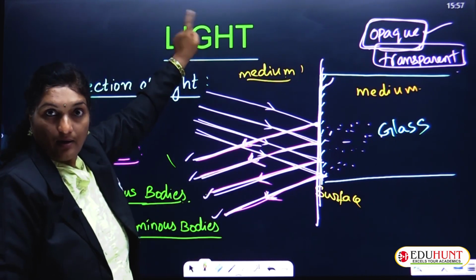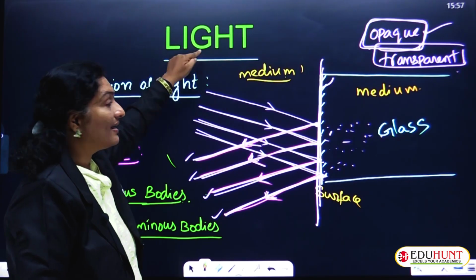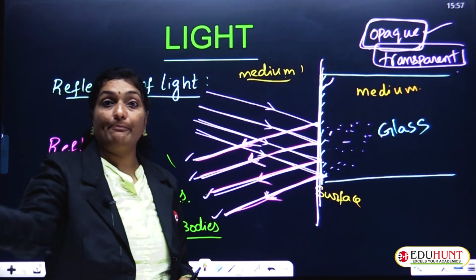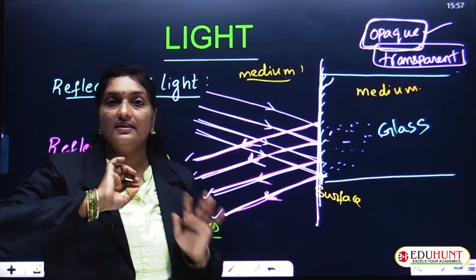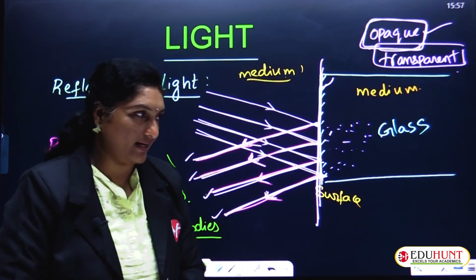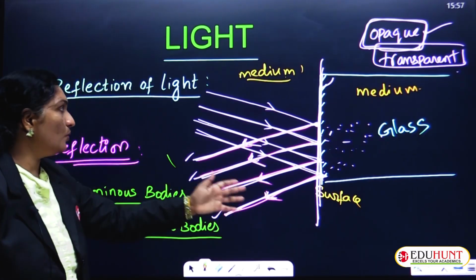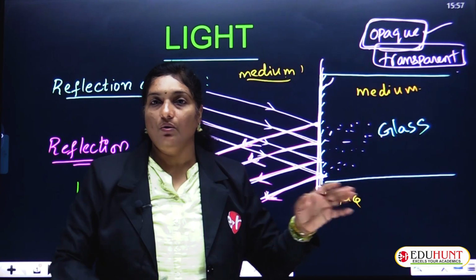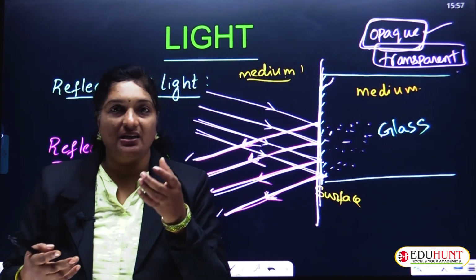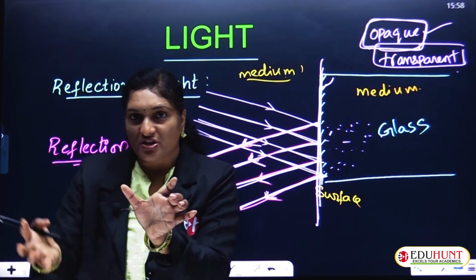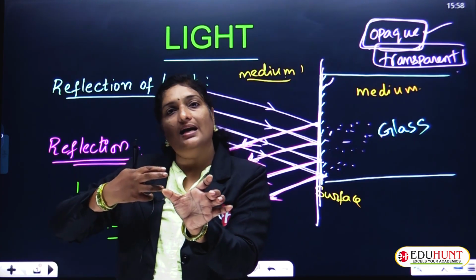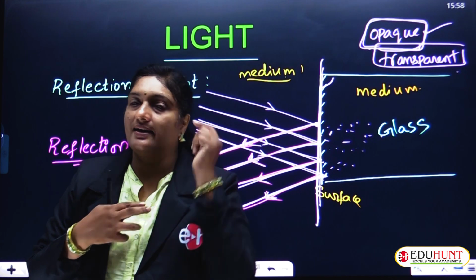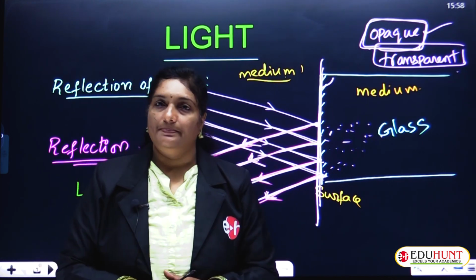You are able to observe green color because this portion, after absorbing all the different colors, only reflects the green. The same with blue, pink and yellow, everything. So we are able to see a particular color because that portion, after absorbing all the colors falling on it, emits only that one particular light.